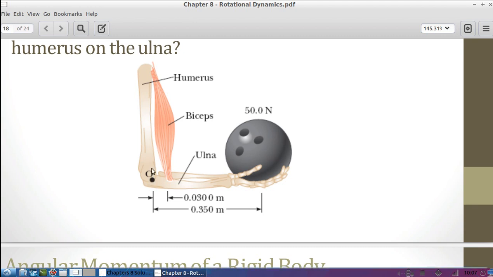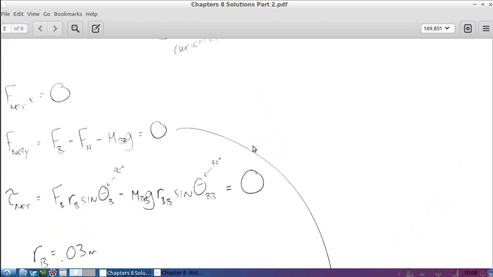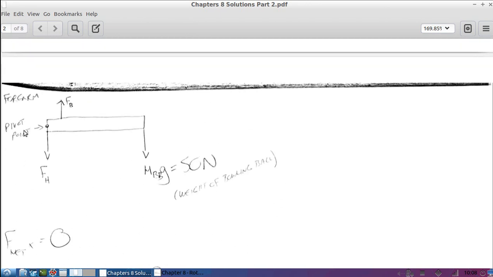But I'm going to pick the end of the forearm, where the humerus force is being applied. I think that's going to be the most convenient. The reason I'm doing that is because my net torque equation is not going to include the humerus force. Why not? If I pick this pivot point, the humerus force is acting on that pivot point.